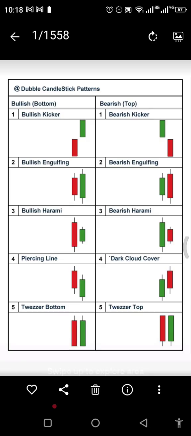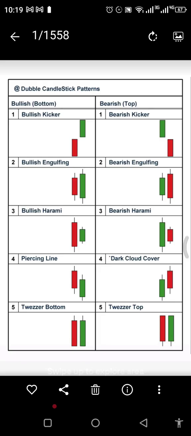So last week, sorry, not last week, our previous class, we talked about the single candlestick pattern formation. Okay, and today we are going to be talking about the double candlestick patterns.